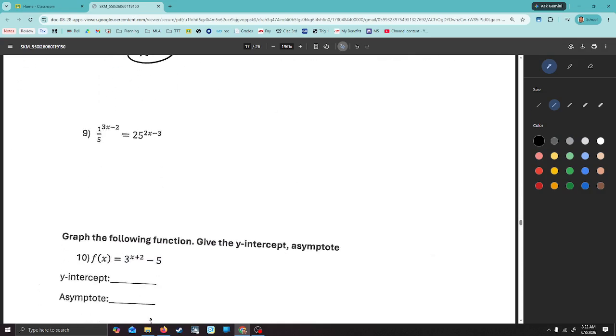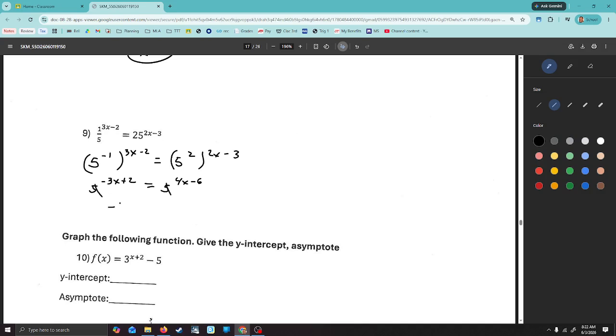Over here, before I can cross it out, I have to make these the same. So I'm going to change 1 over 5 to 5 to the negative 1 power, raised to 3x minus 2. And I'm going to change 25 to 5 to the second power, raised to 2x minus 3. So distribute that. 5 to the negative 3x plus 2 equals, distribute the 2, 5 to the 4x minus 6.